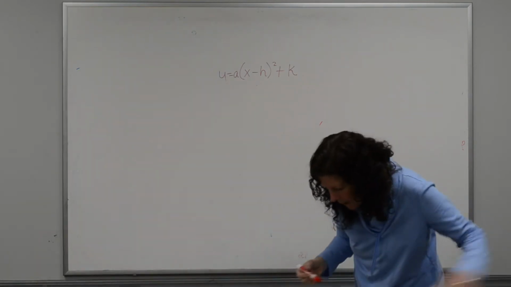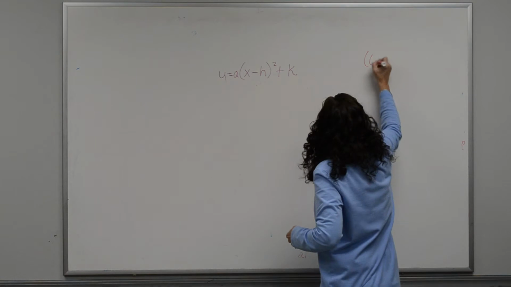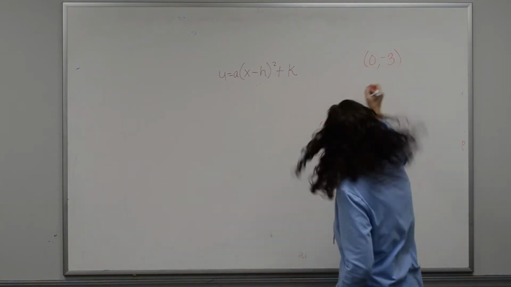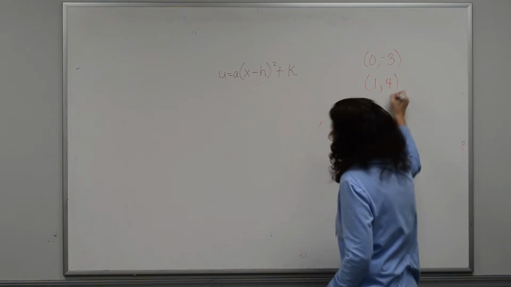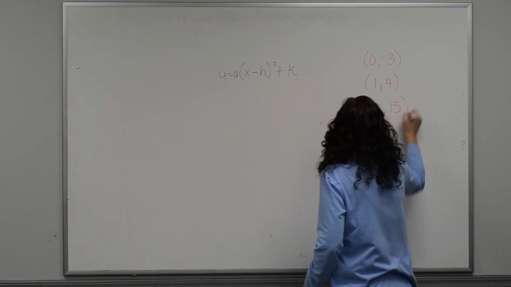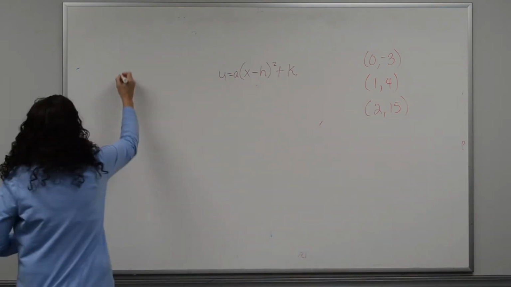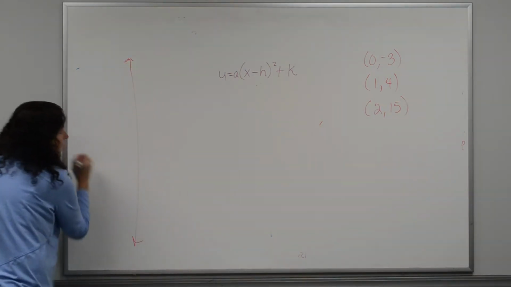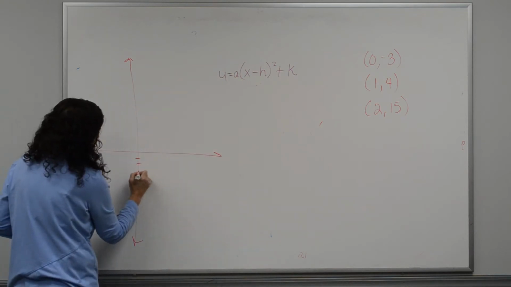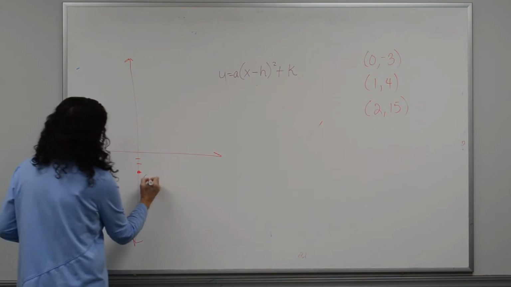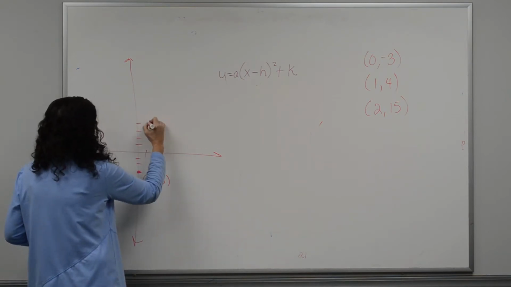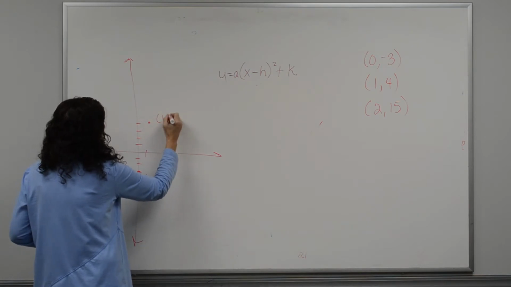Okay, let's say they want the equation that goes through 0, -3, 1, 4, and 2, 15. All right, here's what the problem's going to be. If I want to graph this, I have 0, -3, which is right here. I have 1, 4, which is right there.